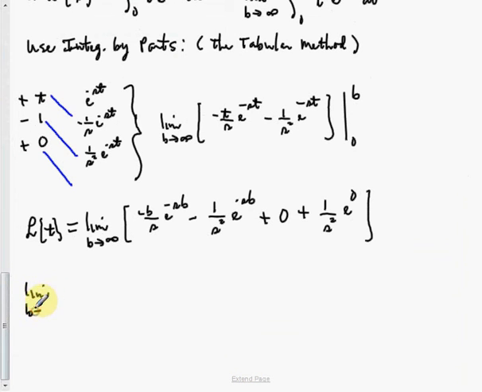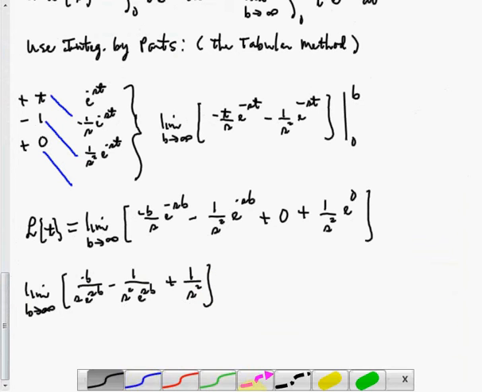So this is negative b over s times e to the sb minus 1 over s squared times e to the sb, and this is plus 1 over s squared.